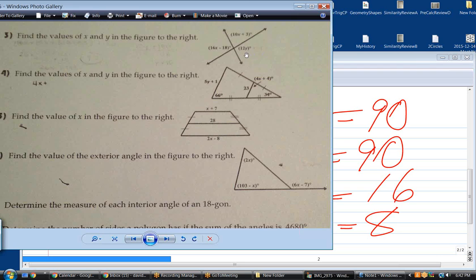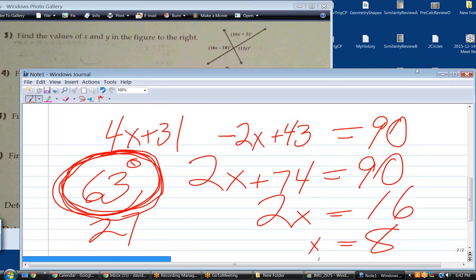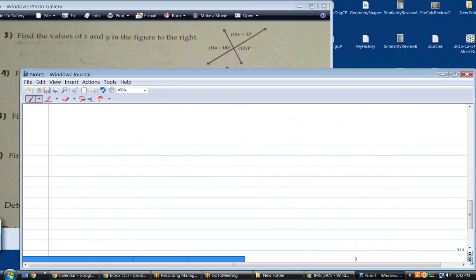How can I solve this third? What equation? I'm not really sure. I tried doing this one earlier because we had time in class, but I couldn't really figure it out. What's true about angle 1 and 2?